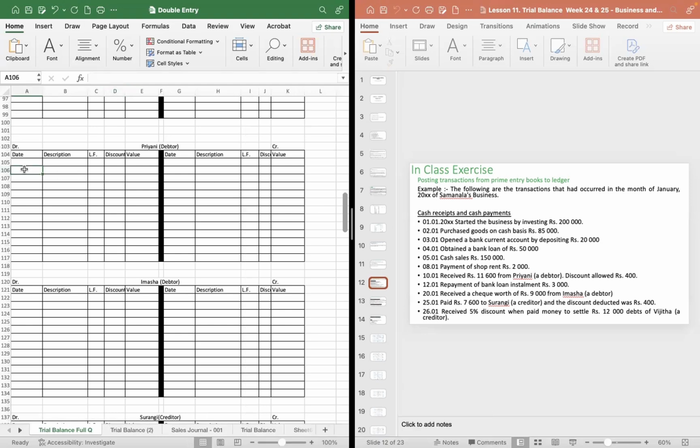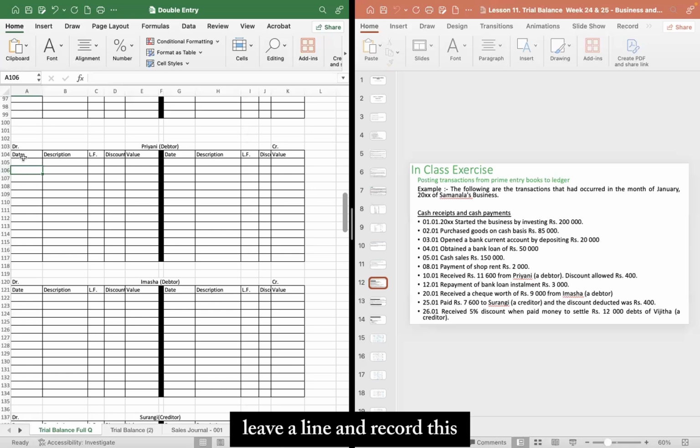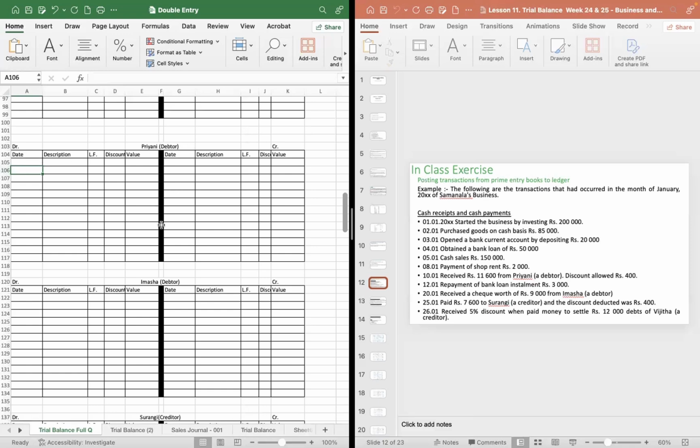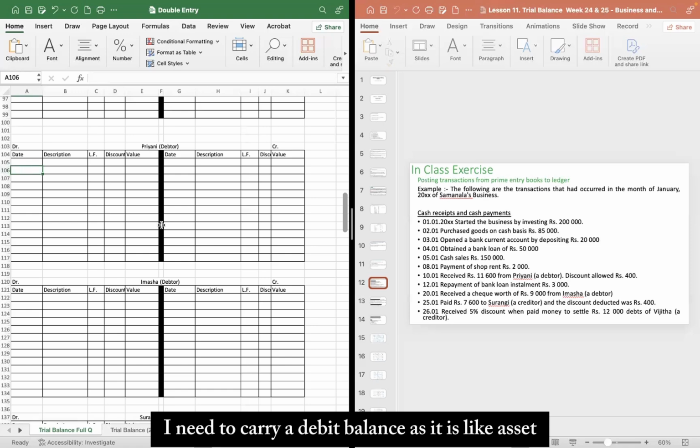A debtor should ideally carry a debit balance as it is an asset, and once the debtor balance is going down, you have to credit it.